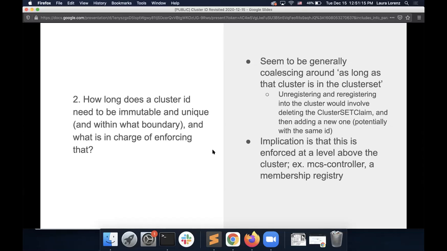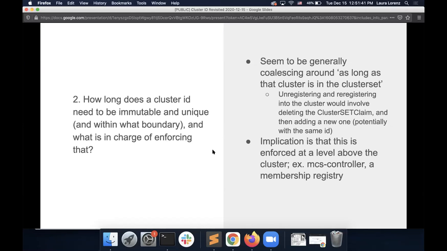How we use that for a cluster set then becomes another layer of conversation. If I could really simplify, I think the goal here is that we want a cluster ID claim intrinsic to the cluster that is guaranteed at least within a cluster set, but preferably beyond that, that can be used basically as a key in a map to look up clusters.